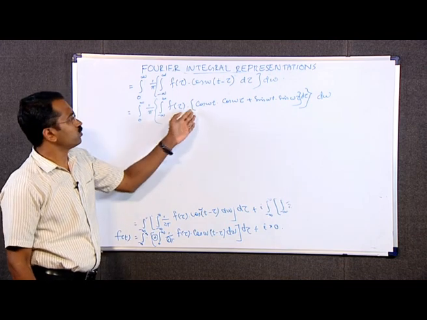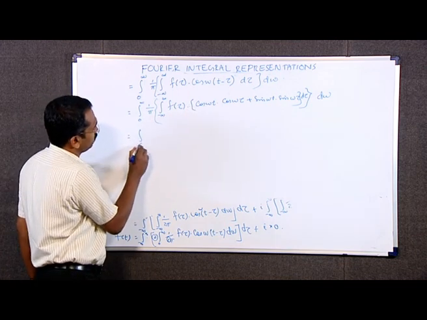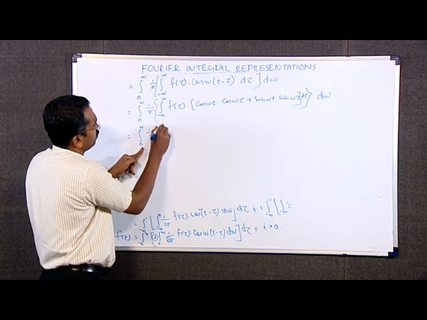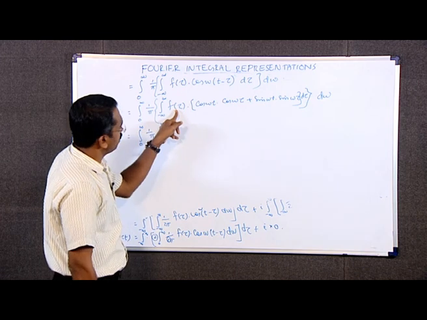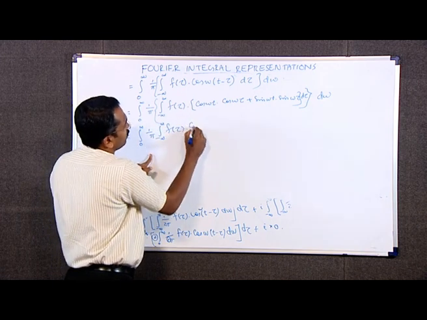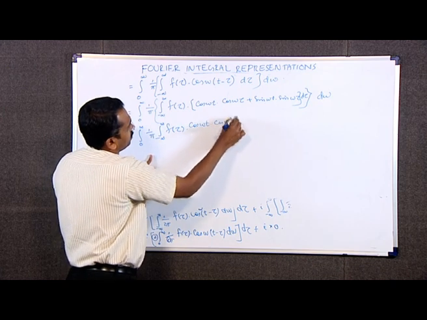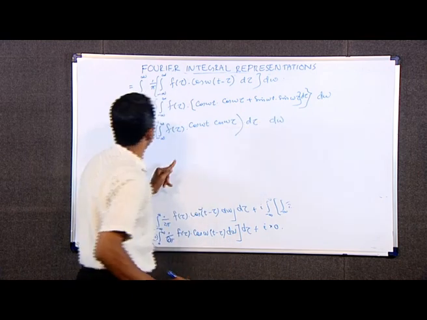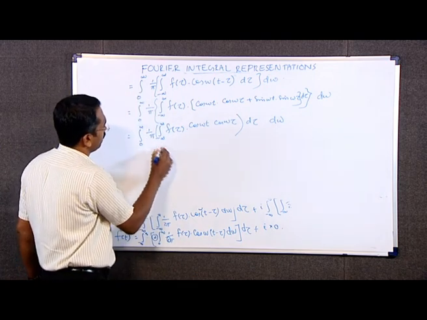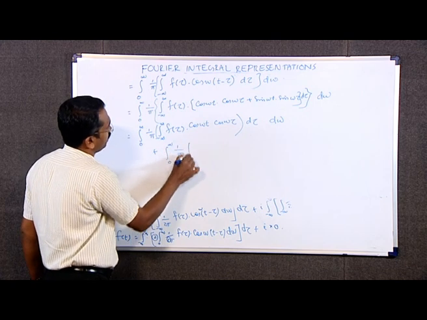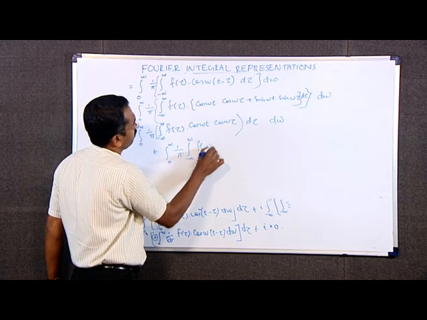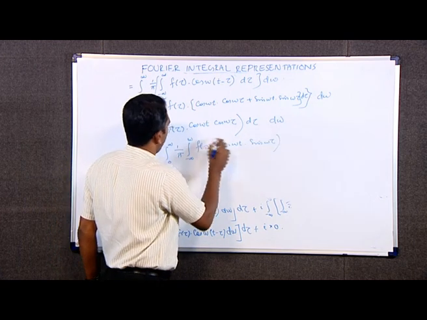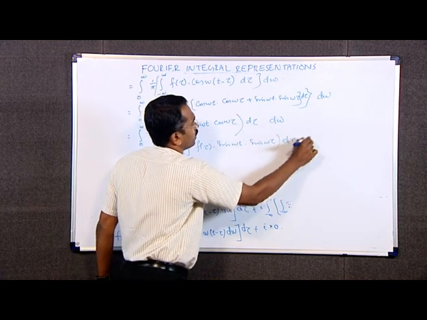Now, we split into two terms. This is equal to the integral from 0 to infinity 1 by pi into the integral from minus infinity to infinity f of tau into cos omega t into cos omega tau d tau d omega, plus the integral from 0 to infinity 1 by pi into the integral from minus infinity to infinity f of tau into sin omega t into sin omega tau d tau d omega.